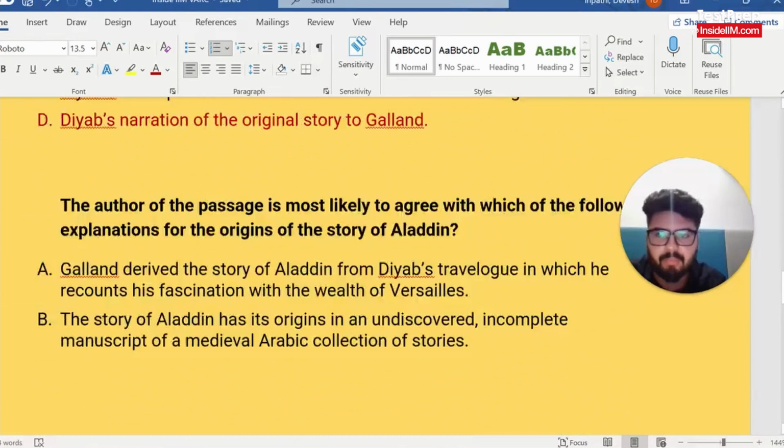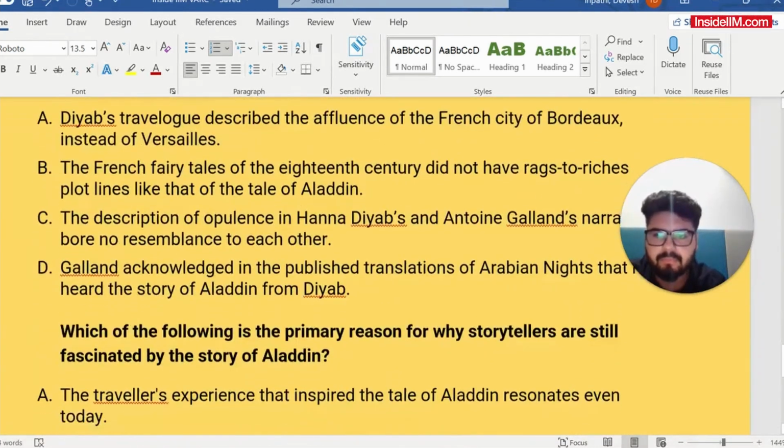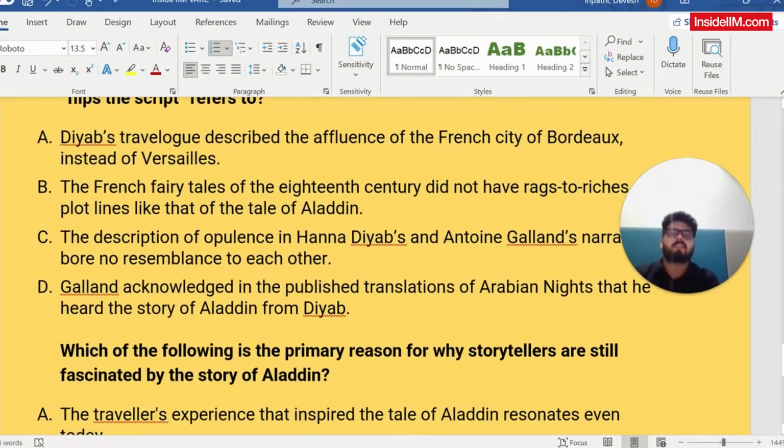Now we come and see the options. Diab's travelogue described the affluence of the city of Bordeaux instead of Versailles. So what? Let it be the city of Bordeaux. It is describing the affluence of that particular city, right? He is captivated by the affluence anyway, whether it be Bordeaux, Versailles or Paris.